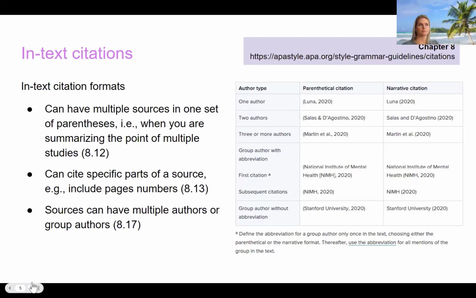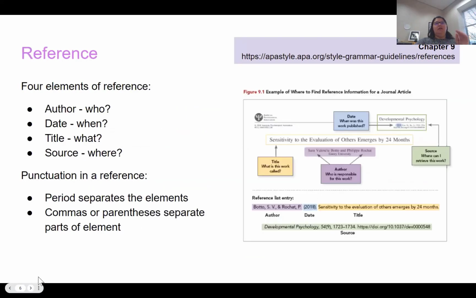Okay. So in-text citations, pretty cut and dry. There's a little bit of variation, again, depending on what the author is, but for the most part, fairly simple, right? Now, references are definitely a little bit more complicated because there's more information in them, because they're longer, and they depend on the type of source that you're using.